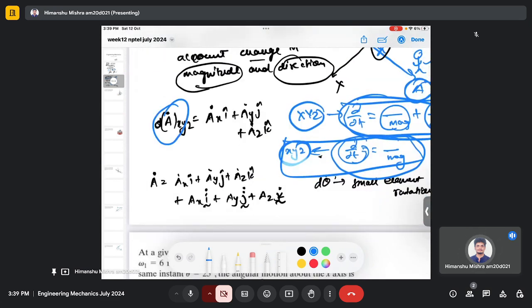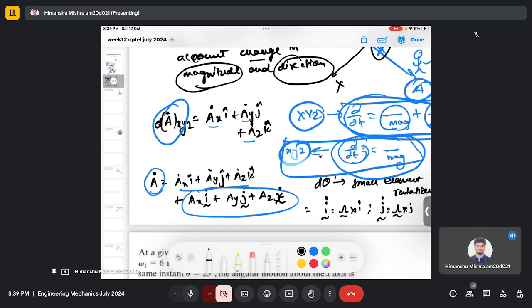So in the moving frame, the rate of change of vector A is given in terms of magnitude change only, but in the fixed frame, the rate of change of A is from the magnitude change as well as from the direction change. So this formula now becomes, if you use the identity like i dot equals omega cross i, j dot equals omega cross j, and so on.